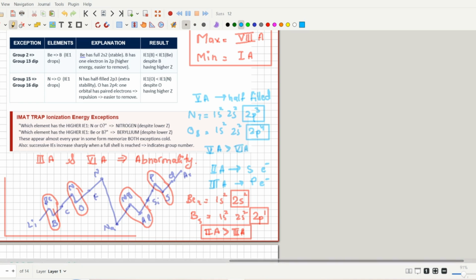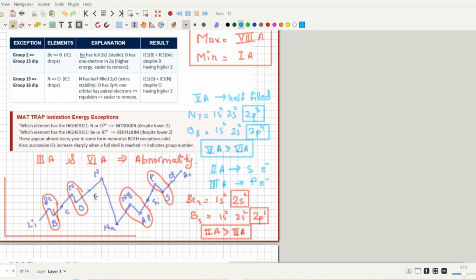So these were the exceptional cases that you had to memorize, and I just gave you the reasons why these are exceptions, the abnormalities, and these are the only exceptions that you need to know. The table has already summarized all the points. For example, group 2, beryllium and boron, nitrogen, oxygen, they have different ionization energy than they should have.